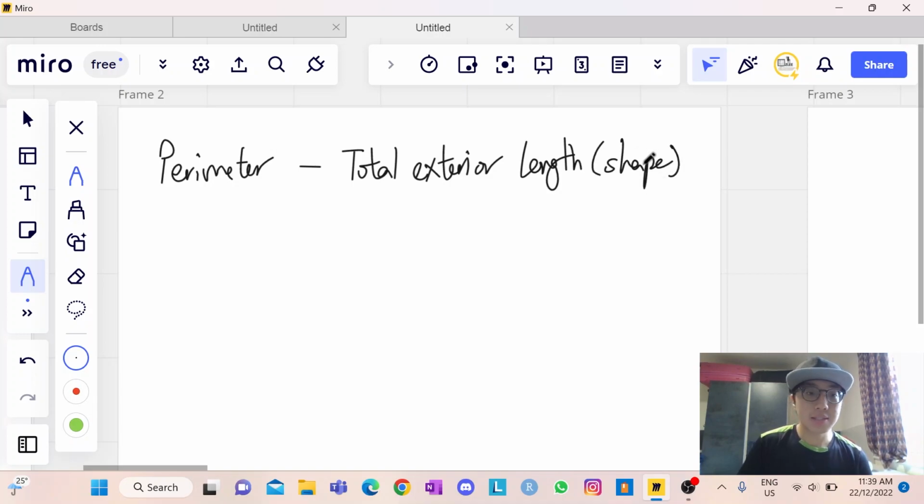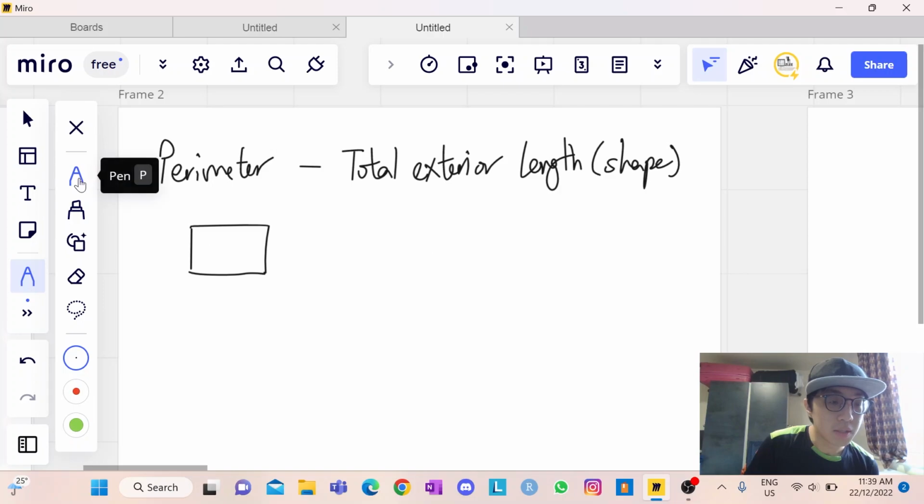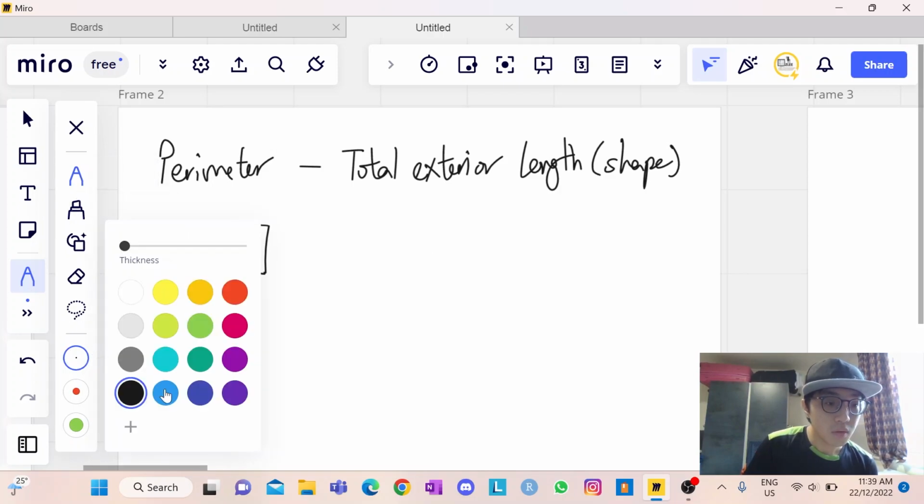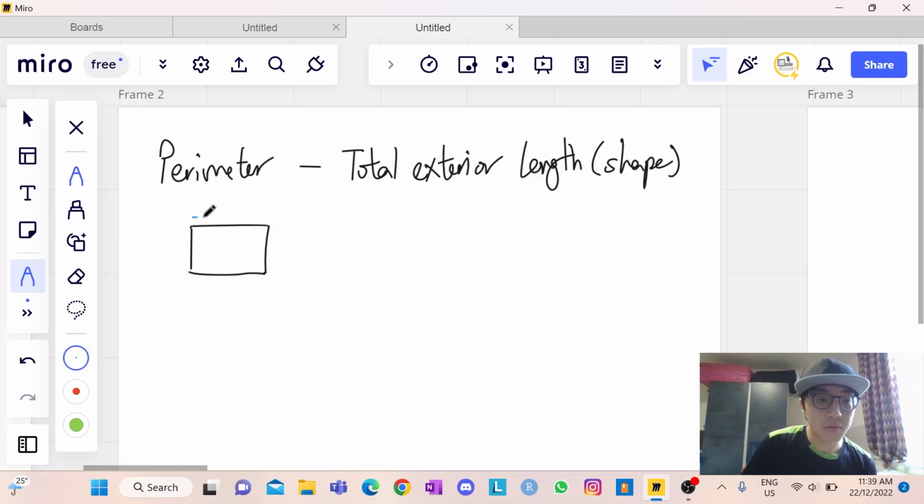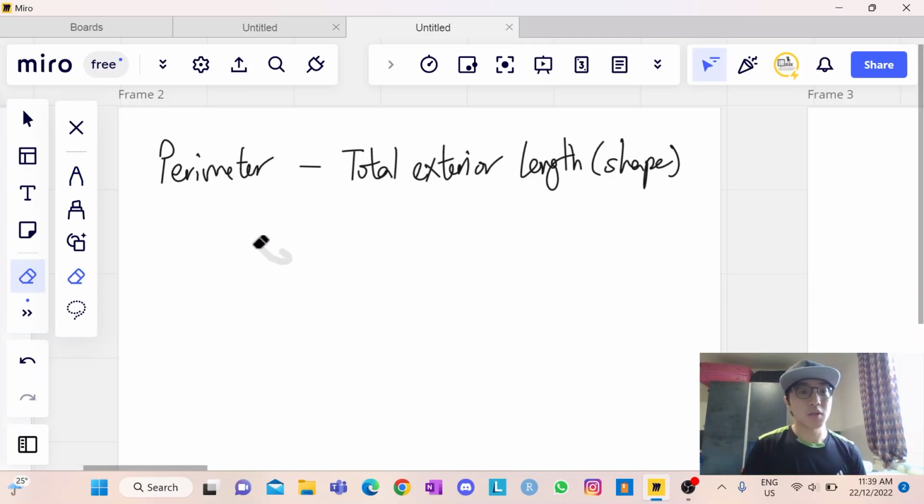All right, let's say we have a rectangle, so the perimeter of a rectangle will be the total length of this length plus this length plus this length plus this length. All right, it's just that simple. It's the perimeter.